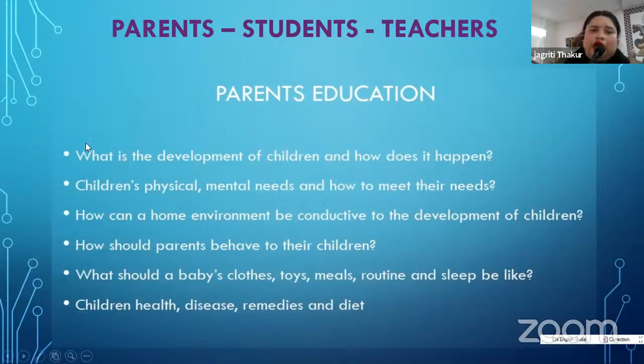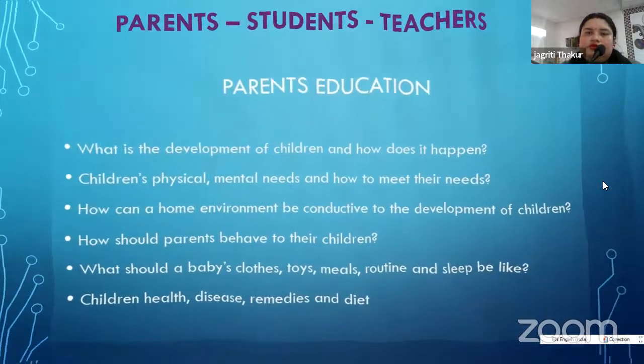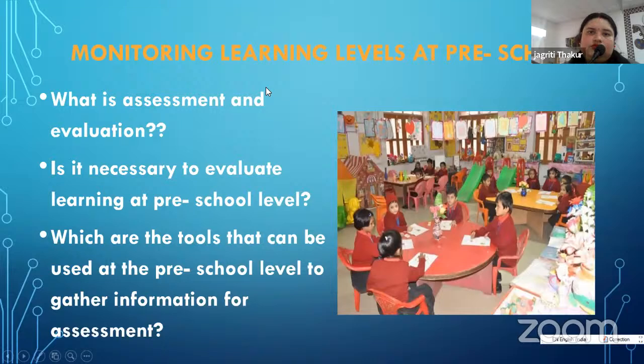So उनको अपना environment, home environment affects the growth of the child, and how parents should behave with the children, and what kind of toys should be given to the child. This knowledge should be given to the parents also.